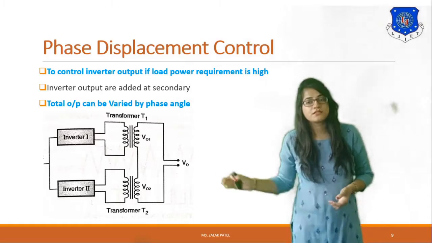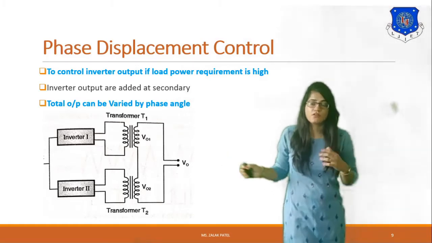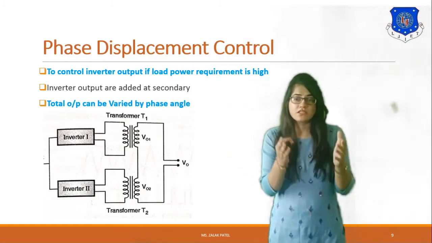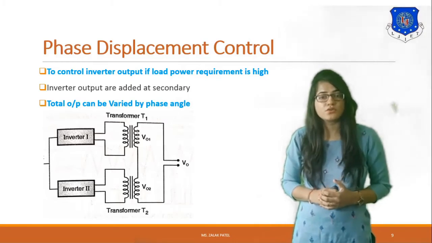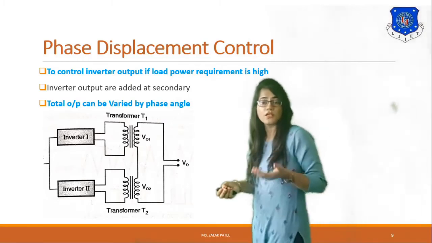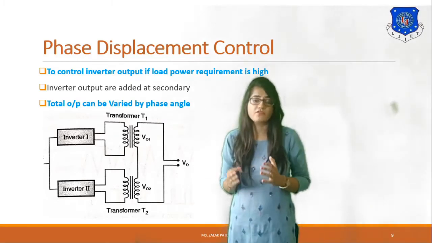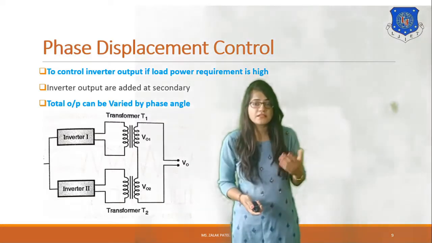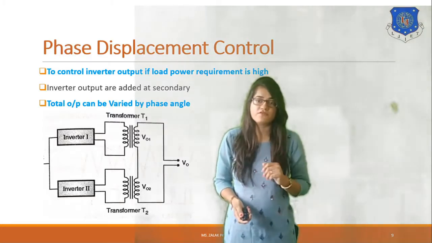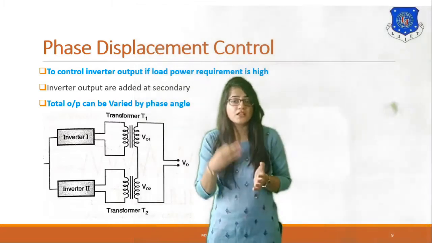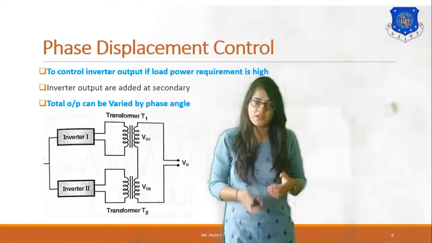Here the output voltage is generated by the summation of the secondary voltages, V01 and V02. The total output voltage can be varied by the different phase angle. So let's see the effect of the phase angle on it, when it gets maximum and when it gets minimum.